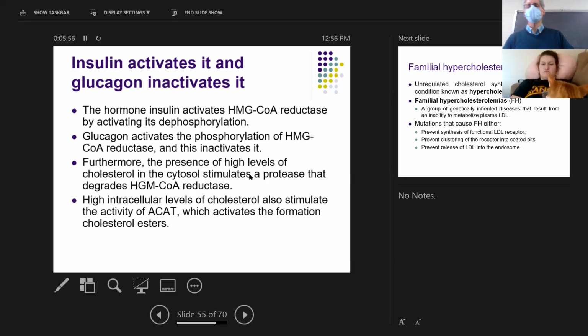And in high levels of cholesterol, we saw that these high levels of cholesterol will tend to stimulate the ubiquitination of HMG-CoA reductase, which will then cause it to be trafficked to the proteasome and degraded. ACAT is also stimulated by high levels of intracellular cholesterol. That will make more cholesterol esters. More cholesterol esters will stimulate the formation of VLDL, because you have to package those into something.